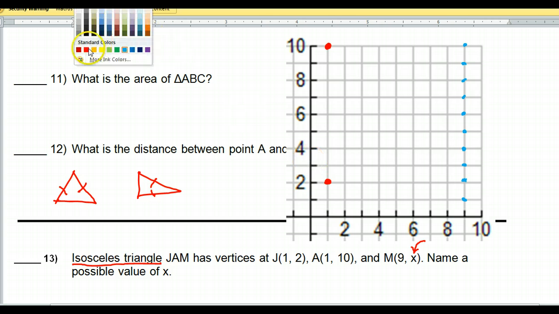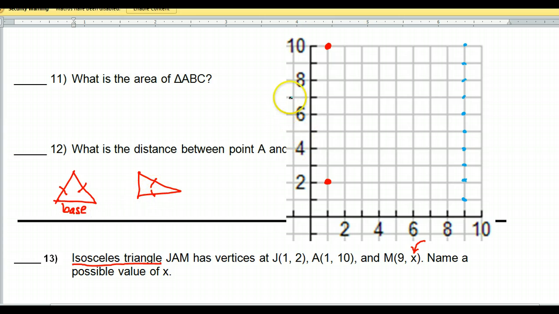I'm going to encourage you to look at this side that's already formed, the 2 points we're given, as the base of the isosceles triangle.